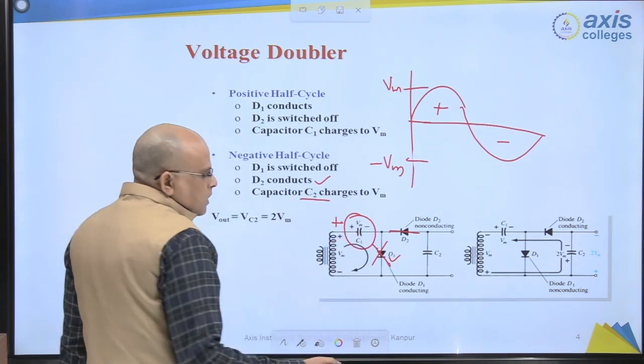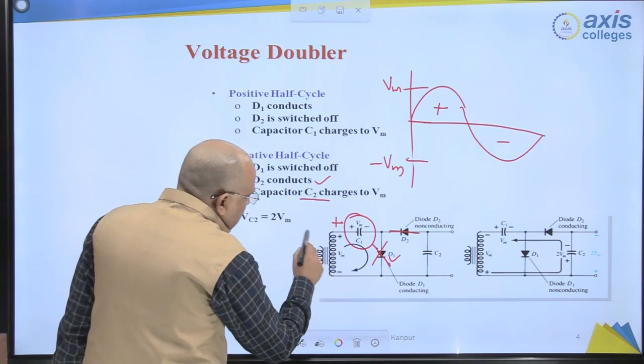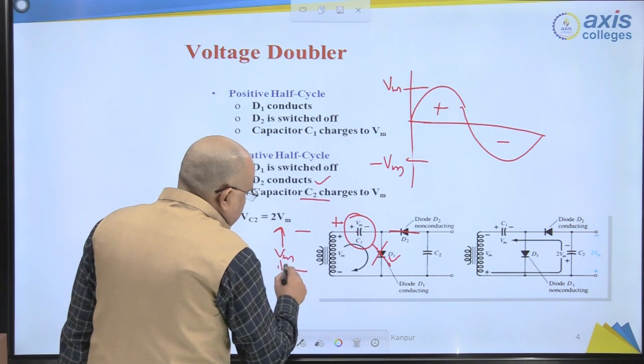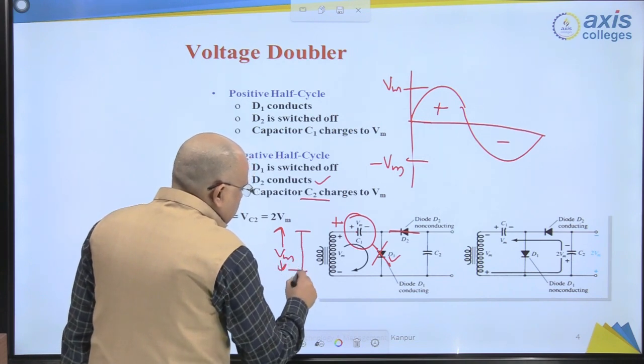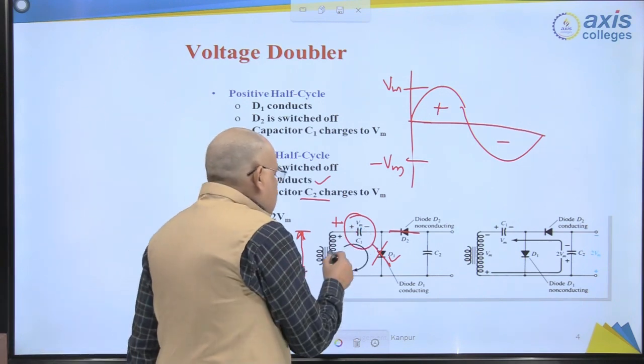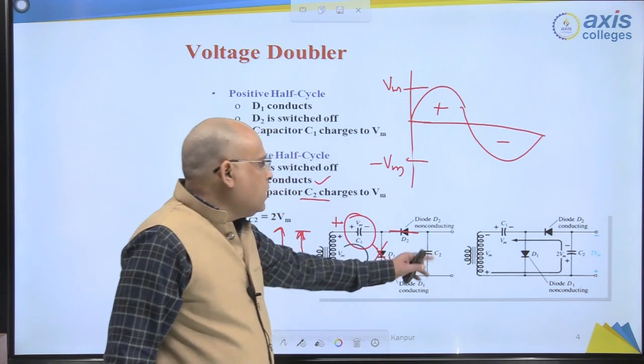This capacitor is behaving as a battery of Vm volts, and here Vm is present in the second half cycle like this. So in total, this will make this capacitor charged with twice Vm.